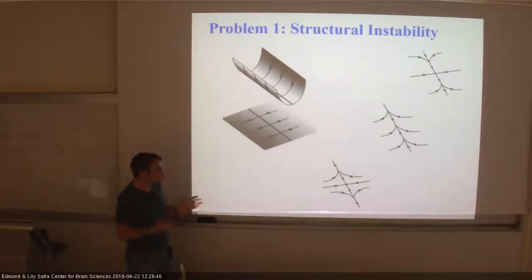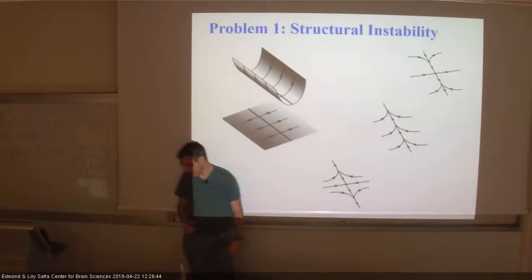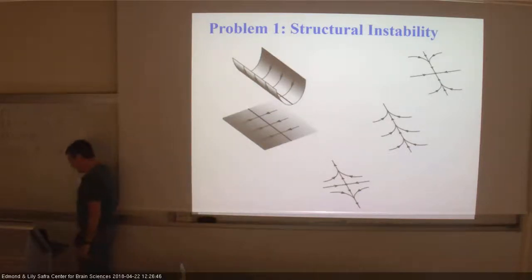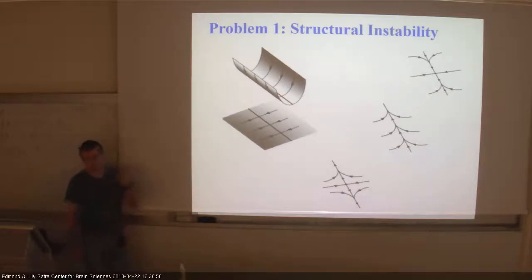So there are various possibilities of addressing this issue of instability, structural instability. I told you about the fact that the ocular motor integrator of the fish works more or less independently of the temperature of the water.